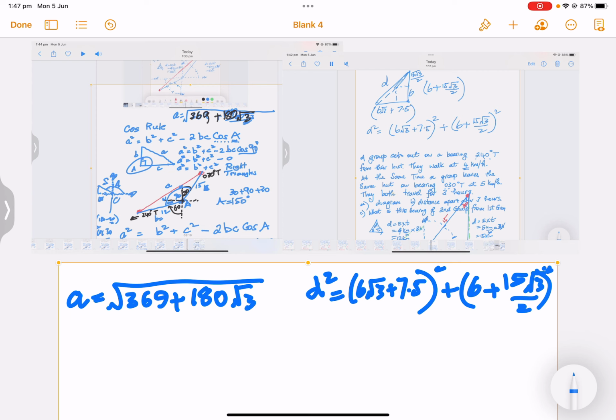All I wanted to do was put this into the calculator, and I'm going to do this offline. I'm going to plug these values in: open bracket, 6 root 3 plus 7.5, squared, plus 6 plus 15 root 3 over 2 in brackets, squared.